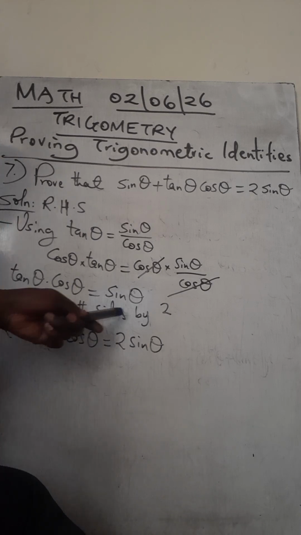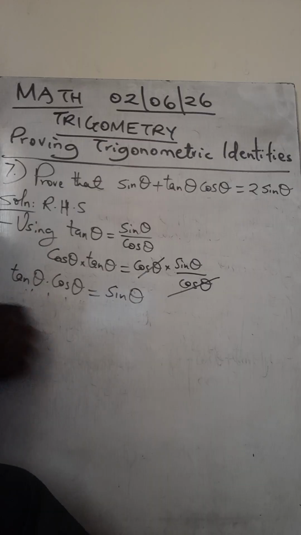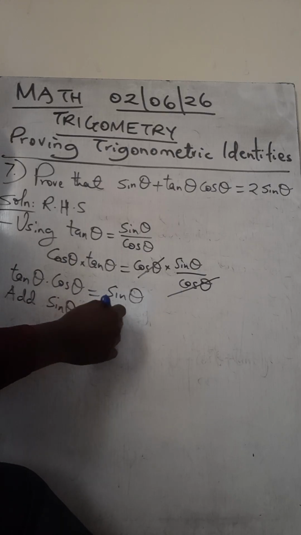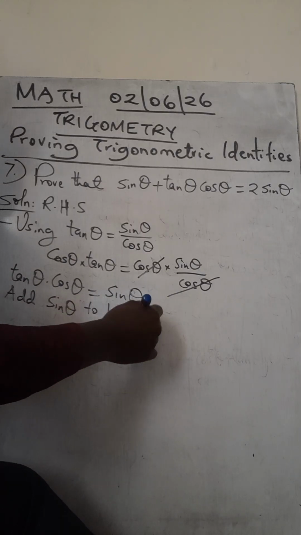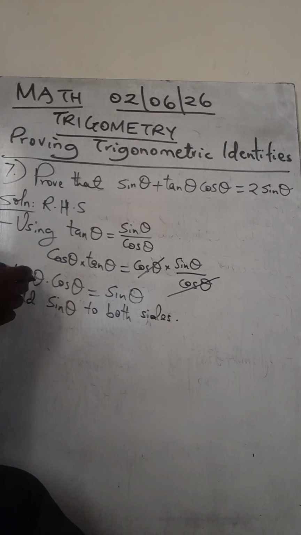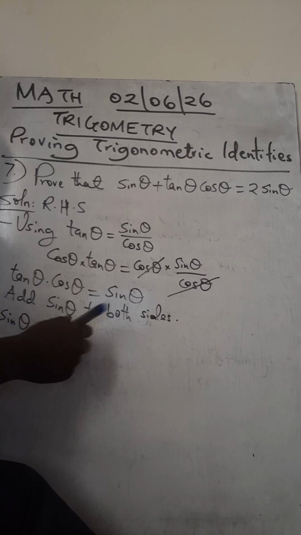Or instead of multiplying both sides by 2, there is another way you can do. You can add sine of theta to both sides. So on the left hand side we have sine of theta plus tangent of theta cos theta.